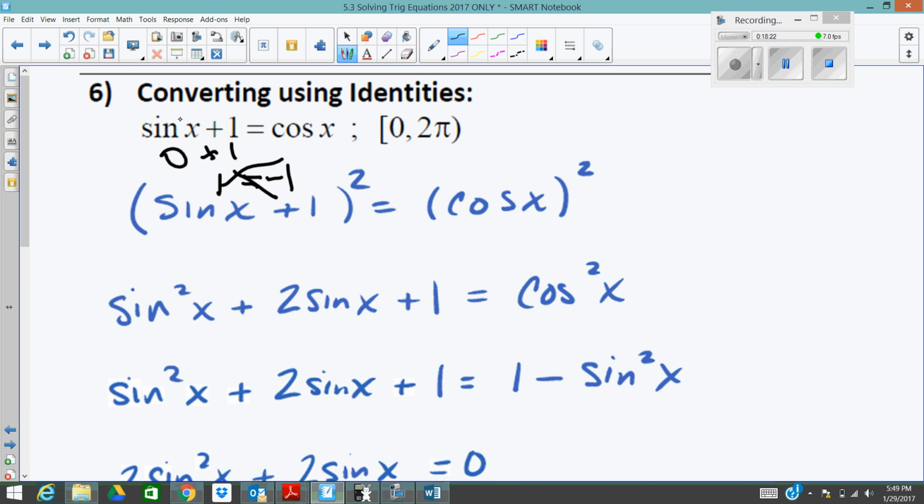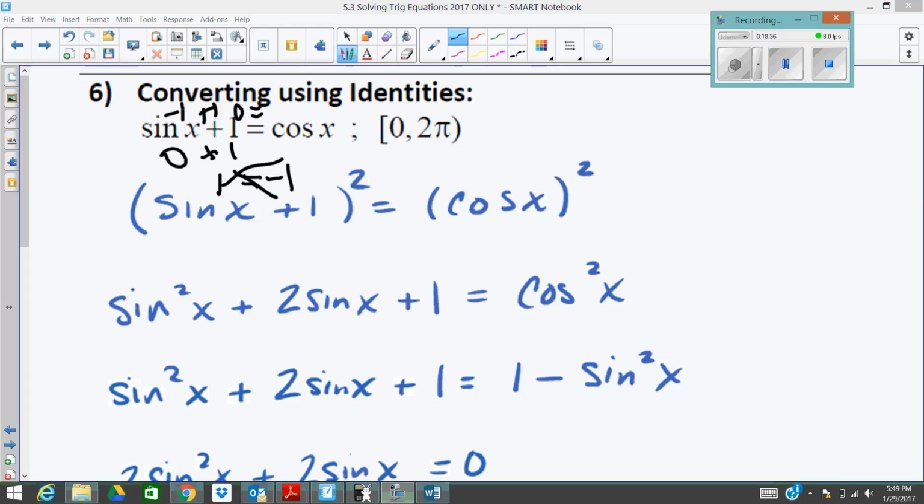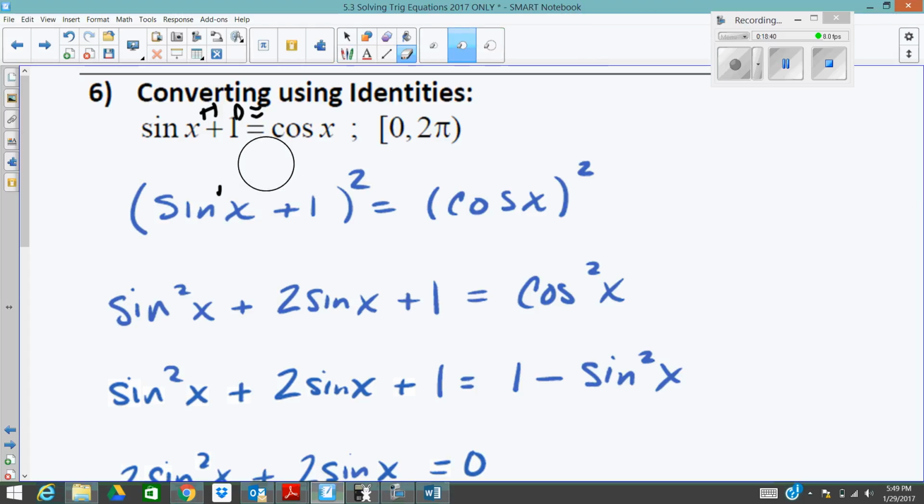So sine of 3 pi over 2 is negative 1. Negative 1 plus 1 is 0 on the left side. And cosine of 3 pi over 2 is, sorry, I got my sine and cosines mixed up. Erase. Start that over.